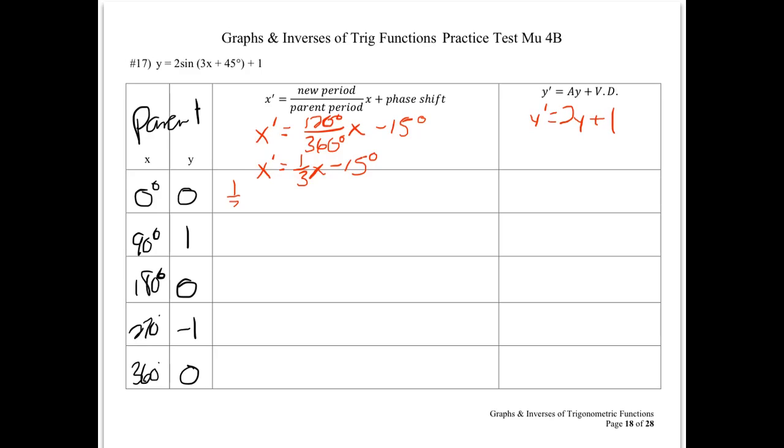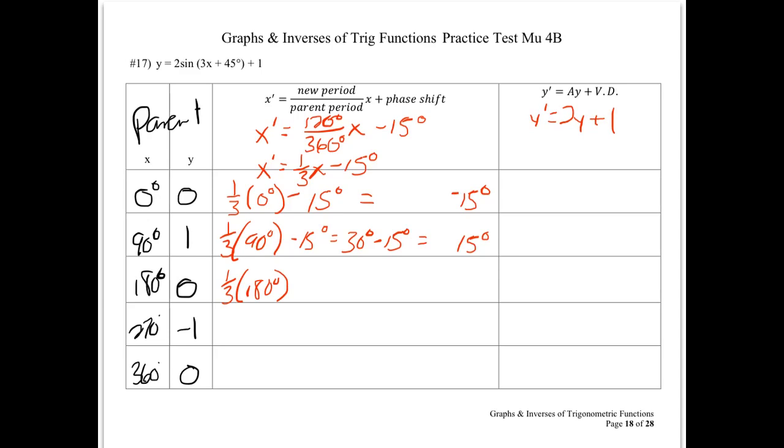So I'm going to have 1/3 times 0 minus 15, which is just going to be negative 15 degrees. Next I'm going to have 1/3 of 90 degrees minus 15, which is going to be 30 minus 15. The first one was negative 15, which is 15 degrees. Then I'm going to have 1/3 of 180 minus 15.